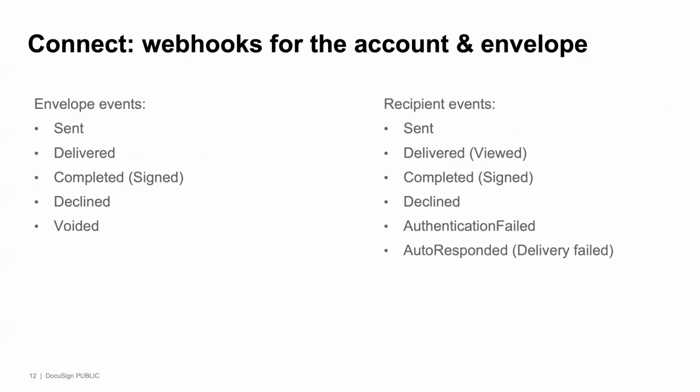At the envelope level, you can ask to be notified whenever an envelope is sent, delivered, completed, declined, or voided. At the recipient level, you can ask to be notified when an individual recipient reaches the sent state, or delivered, completed, declined, and so forth. You can see the list here.